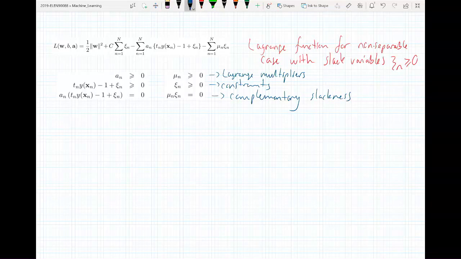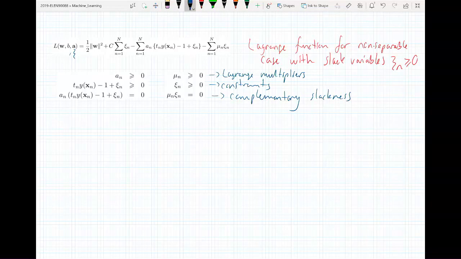This is just part of the KKTs. The KKTs also need the derivative with respect to the decision variables. In this case, we have also the psi as a decision variable. Actually, w and b are there too, but we need to also add psi, the slack variables, to the mix.